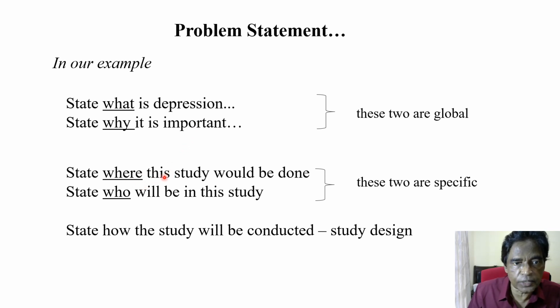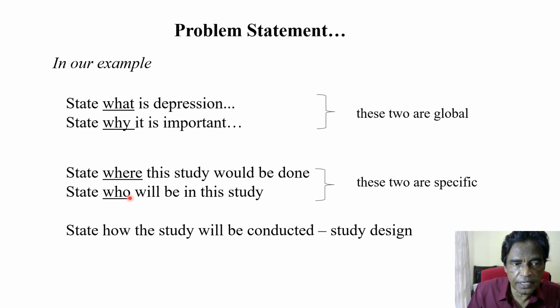Next, where the study is to be conducted. These first two are global; now we go specific. Where will the study be conducted? Say in Malaysia. In Malaysia, who? Which group of people? Dialysis patients. Depression and why it's important can be discussed generally, but then specifically, where in Malaysia, and who: among college students, dialysis patients, or nurses.